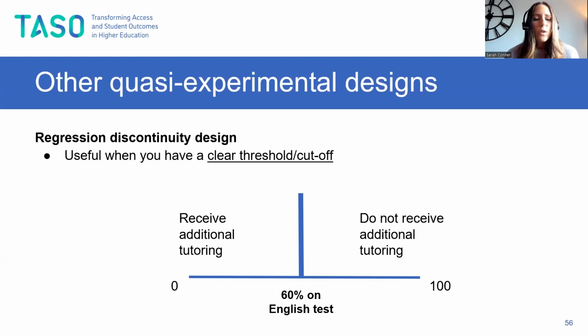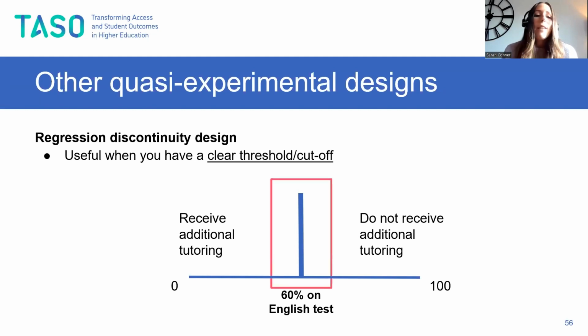So those scoring below 60 or 60 receive that additional tutoring, whereas those above 60 don't. So that means our treatment group effectively is on our left-hand side here, those receiving less than 60 in their English test, and our comparator group is those on the right.